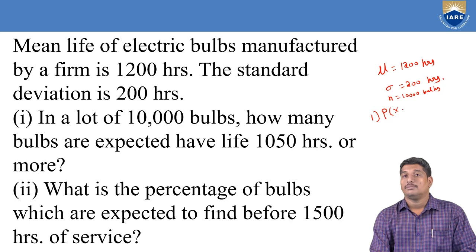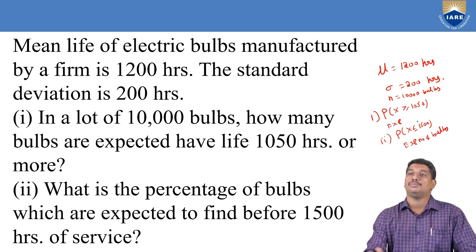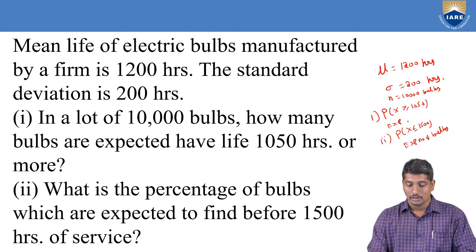The probability that x is greater than or equal to 1050, and then we have to find the expected number. Second, we have to calculate P of x less than or equal to 1500, and we have to calculate the expected number of bulbs. So this is the brief structure of the question.